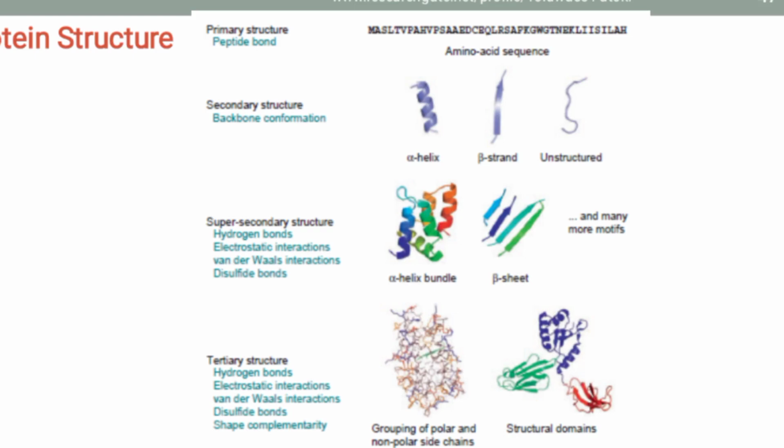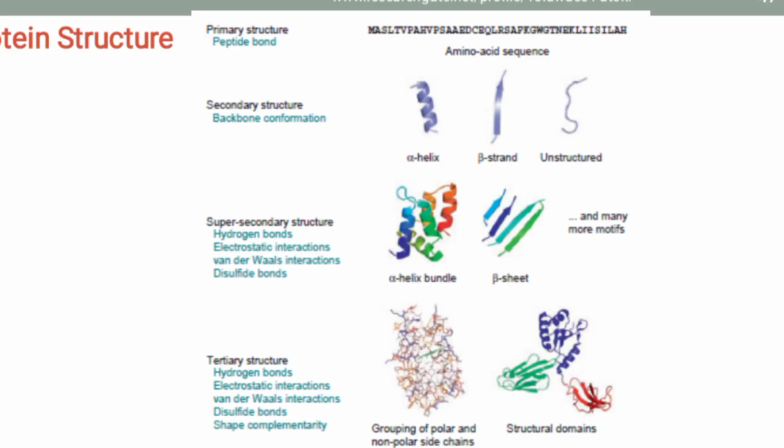So helix bundles with helix by hydrogen bond, van der Waals and disulfide bond, while beta strands form what we call beta sheet. There are different motifs for supersecondary structure, and these motifs serve as the basis of protein family and then protein classification. So the supersecondary structure is very, very important.